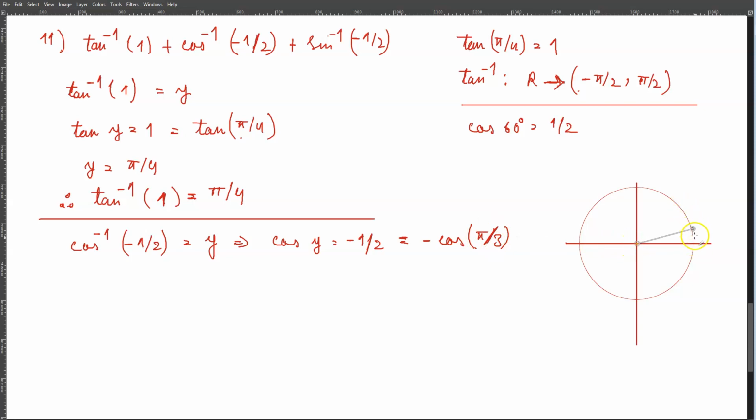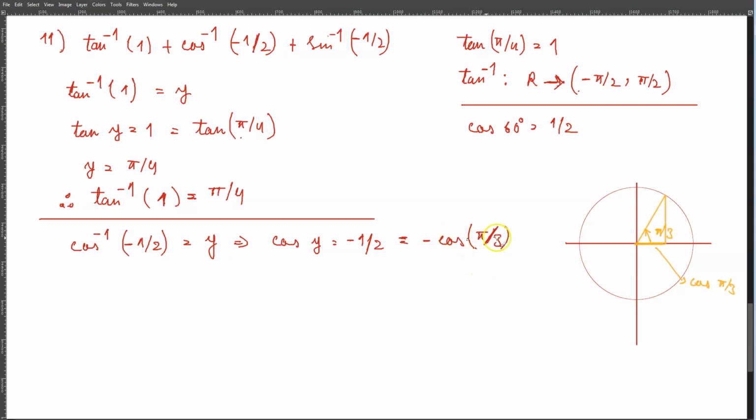So basically you have 15, 30, 45 and 60. This is basically pi by 3. Now the cos of this angle is of course a positive value, as you can see. This value is the cos of pi by 3.